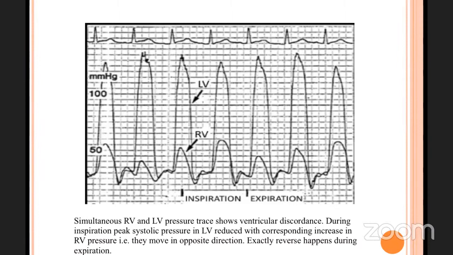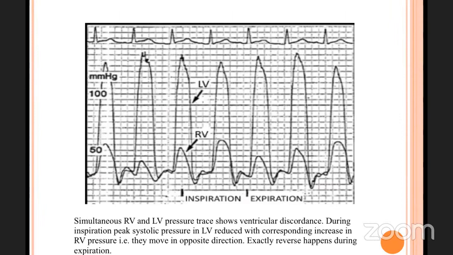For example, in this diagram, you will see that during inspiration, the second complex here shows a marked increase in the RV systolic pressure, but there is a decrease in the LV pressure. So this is what we call a discordant pattern of ventricular pressures with respect to the respiratory phase. Whereas the opposite occurs in expiration, wherein the left ventricular pressure goes up, whereas the right ventricular pressure goes down.